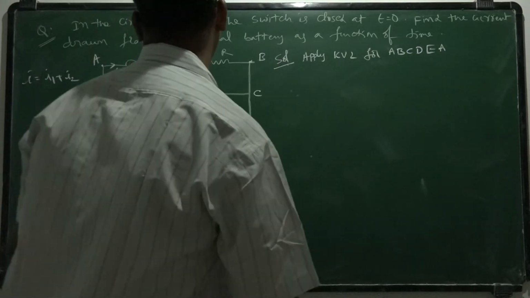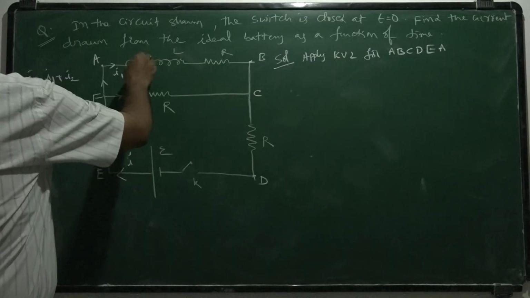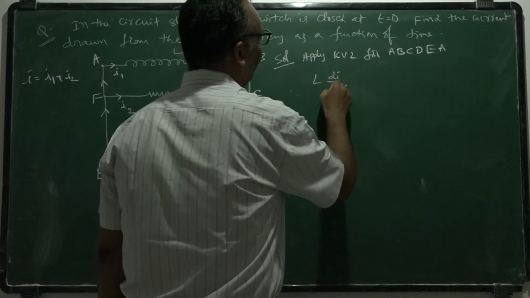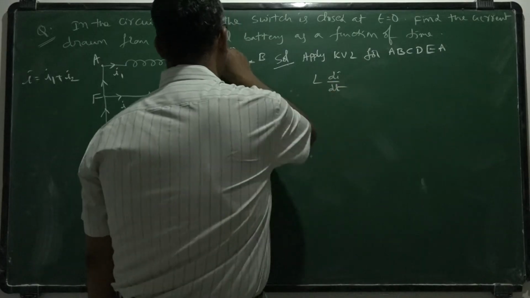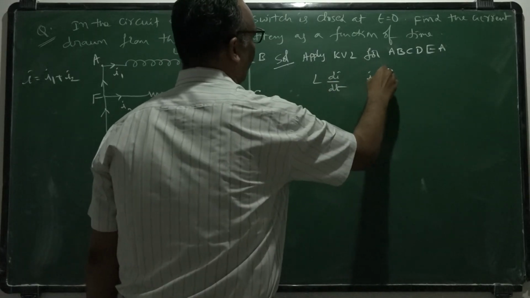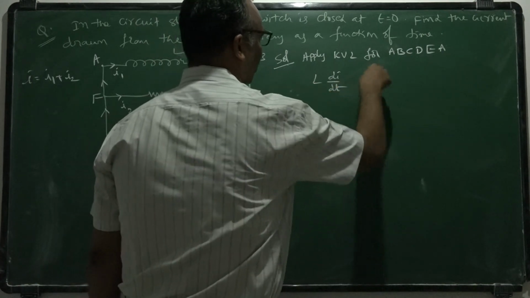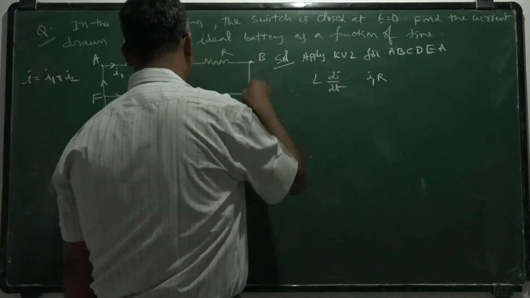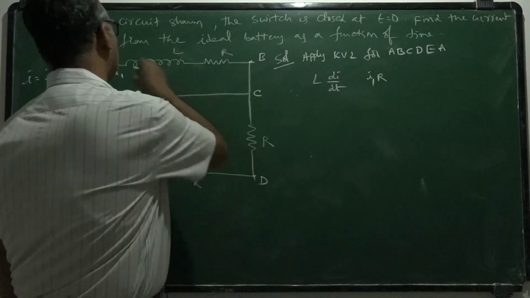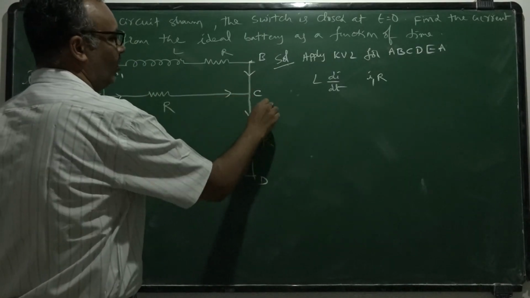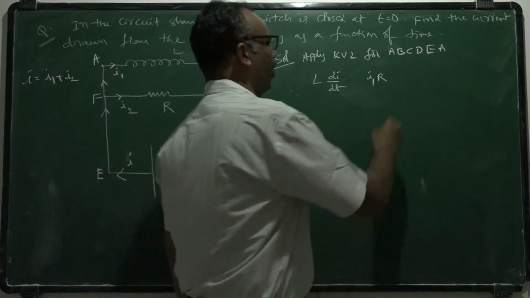If I apply KVL here, the voltage drop at the inductor is given by L into di by dt. The voltage drop at the resistor is given by IR, but here the current going is I1, hence it is I1R. And here this current I1 will come like this, I2 will come like this. The entire I will go through R, so IR.